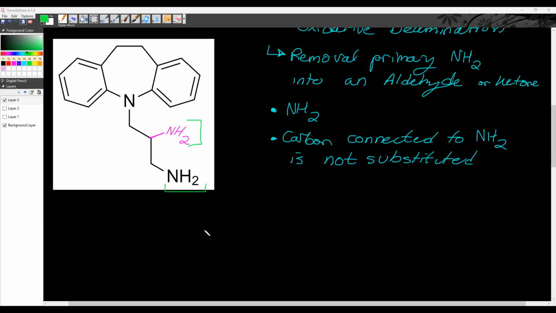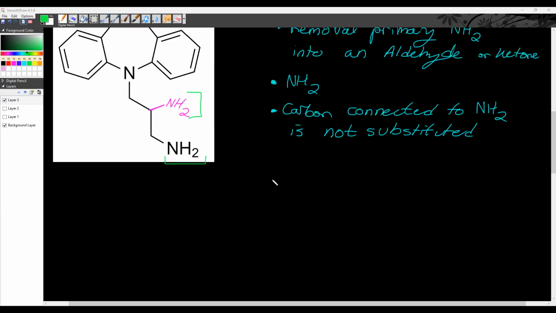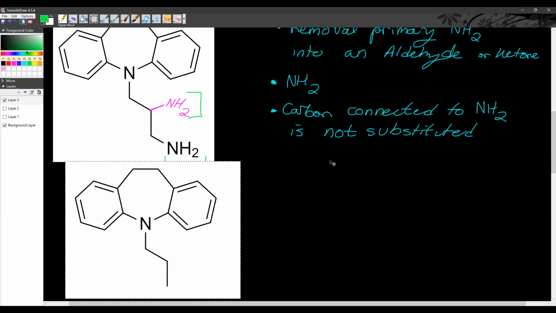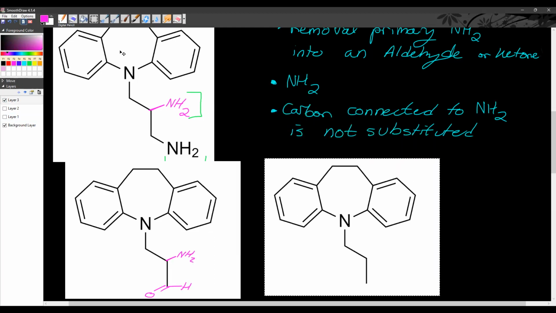The result would be where we either have an aldehyde on that terminal carbon, and that NH2 would still be here, or we still have our original NH2, and now we have a ketone.